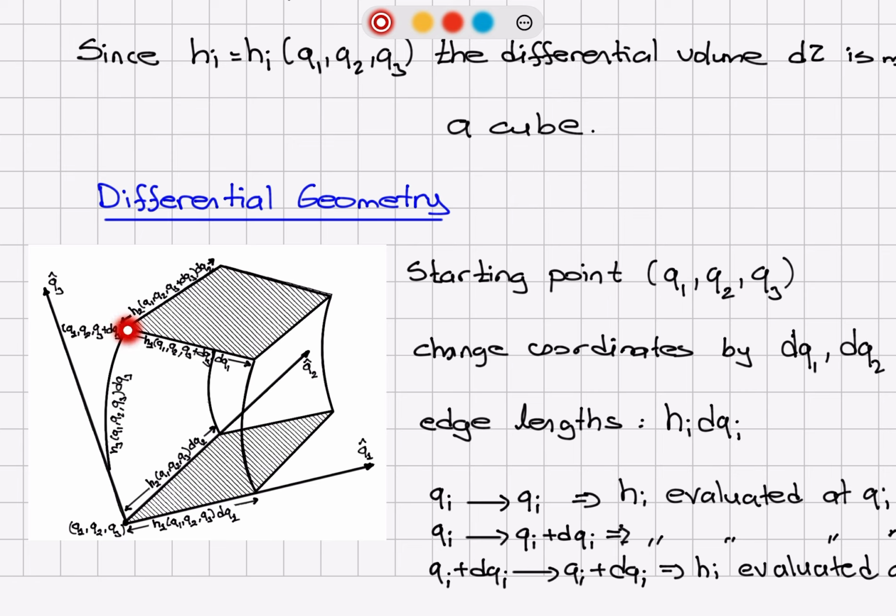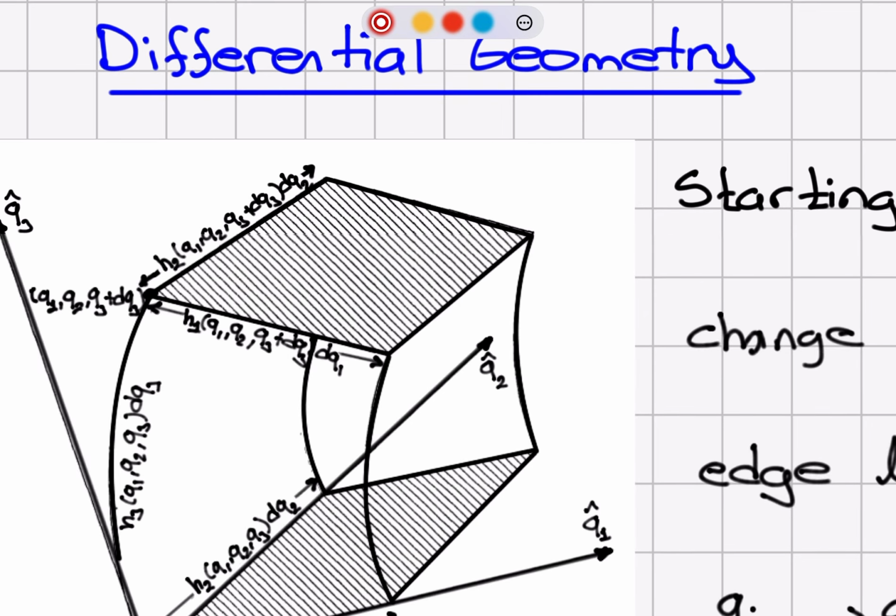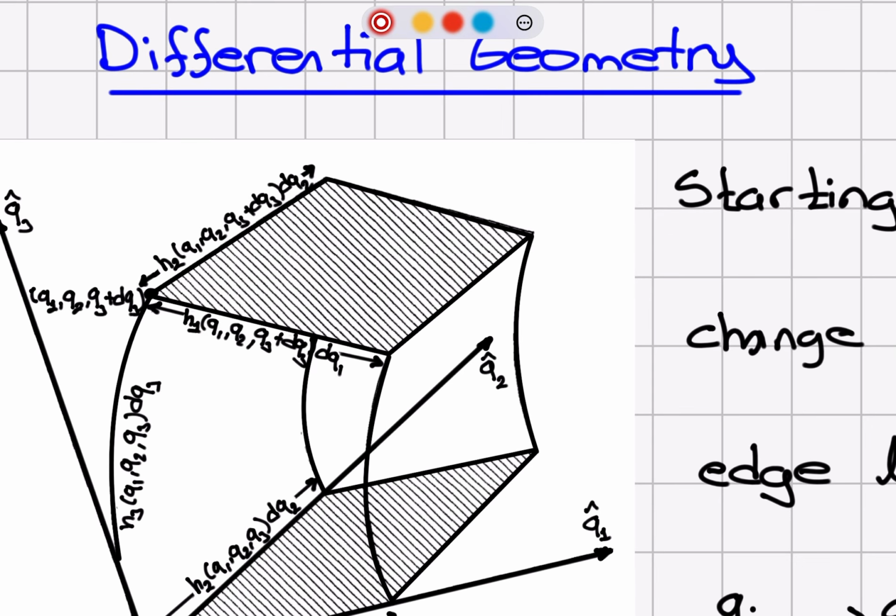So here I'm at the coordinate q3 plus dq3. That means my scale factor h1 should be evaluated at q1, q2, q3 plus dq3. So you have to consider the smallest value of these coordinates to find the correct scale factors.